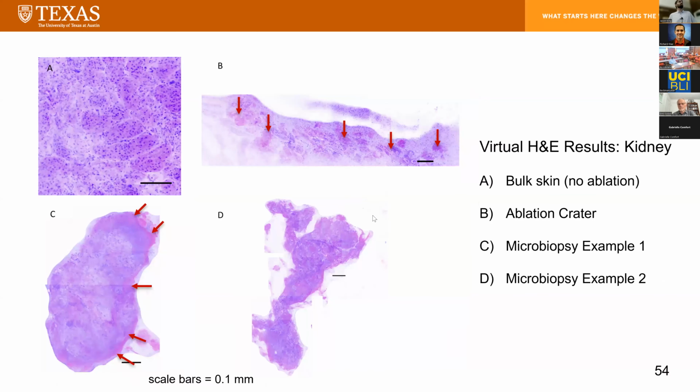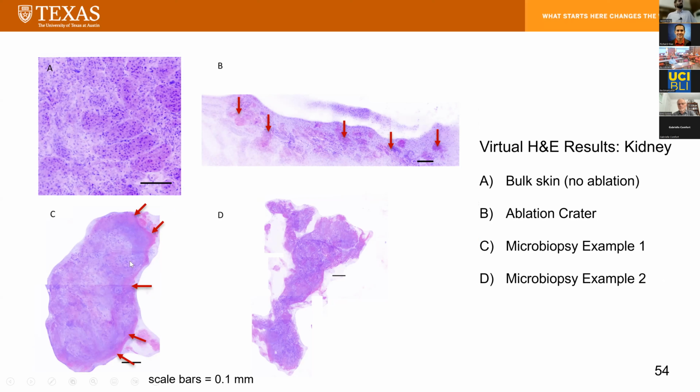And we also did this in porcine kidney. So again, A is our unablated porcine kidney. And then B is a crater after the ablation. You can see there are some differences in the color along the crater, indicating some thermal damage. And then C and D are examples of microbiopsies we collected.